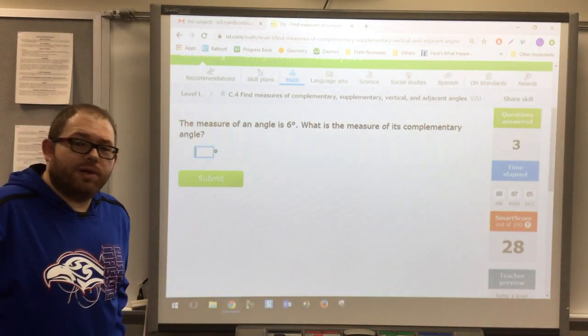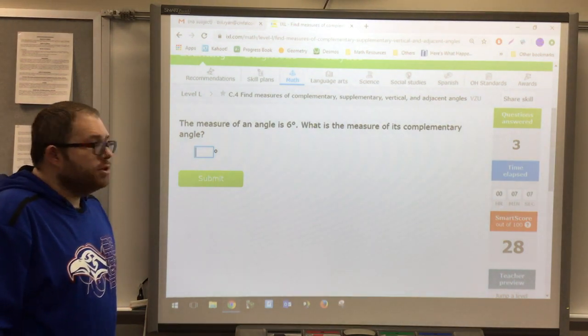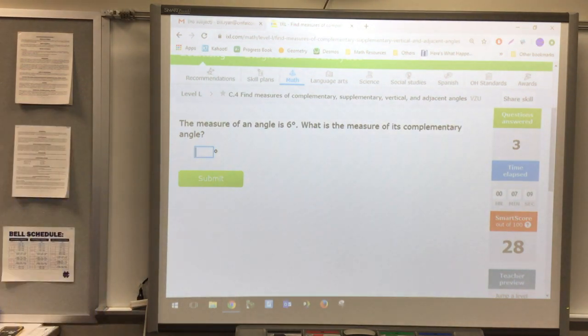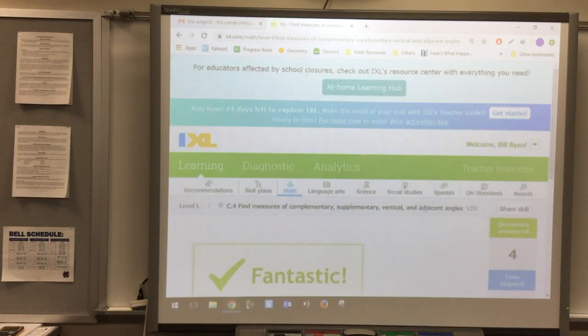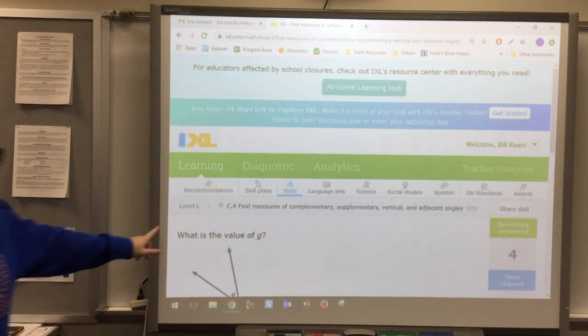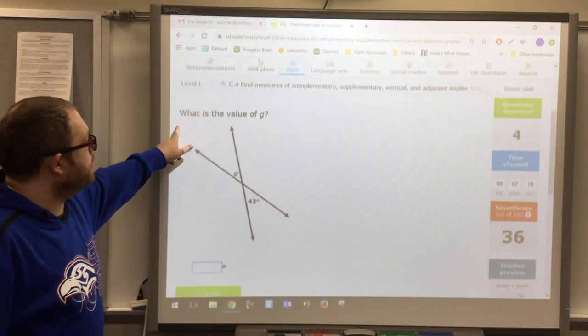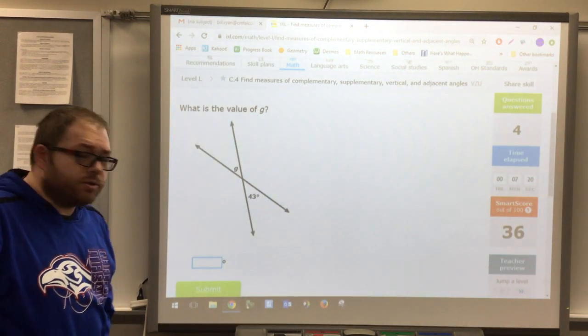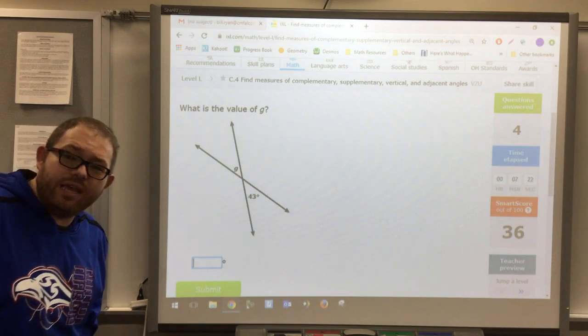Here's another question where they ask about complementary. So we just subtract from 90 to find that one. Here's another vertical angles question. I know they are equal.